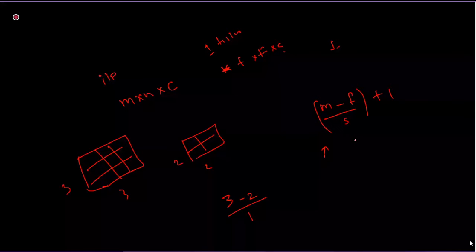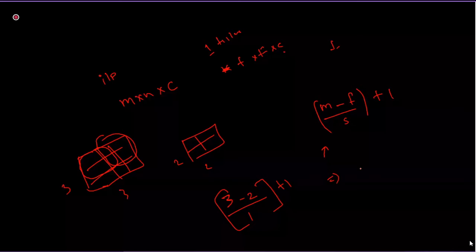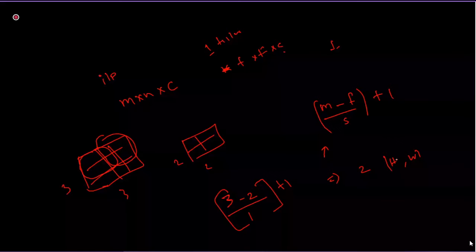Here I am moving only 1 pixel at a time, so I am taking the stride value as 1. So 3 minus 2 plus 1 gives you 2. So the height and the width of the output feature map of a particular channel will be 2 cross 2.